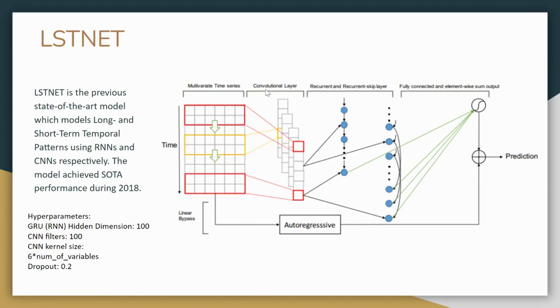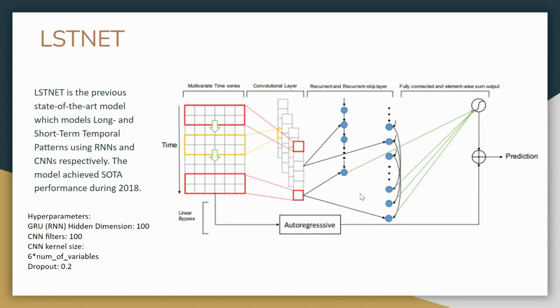And we apply a certain number of filters over here for the convolutional layer, and the output we get is a single dimensional array, which is then passed into a recurrent neural network and a recurrent skip neural network model, then passed into a fully connected and element-wise sum output, which is then used for prediction and passed into the autoregressive model. So this is how the whole LSTNet works.